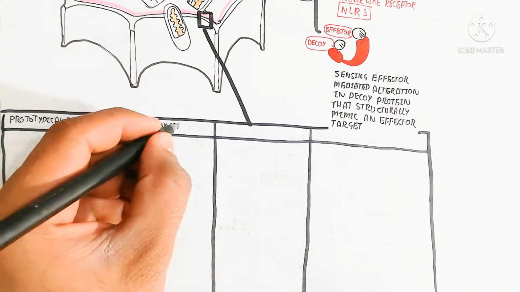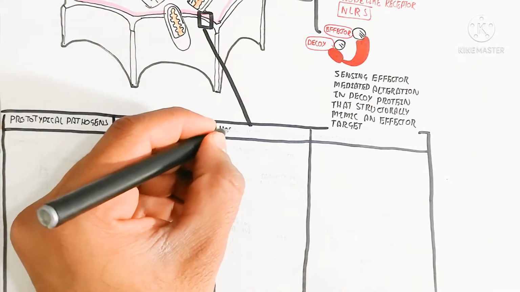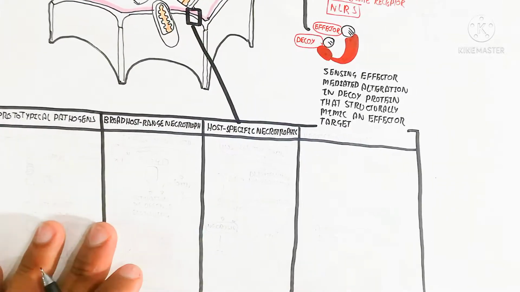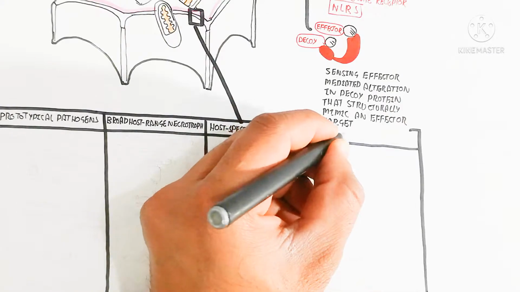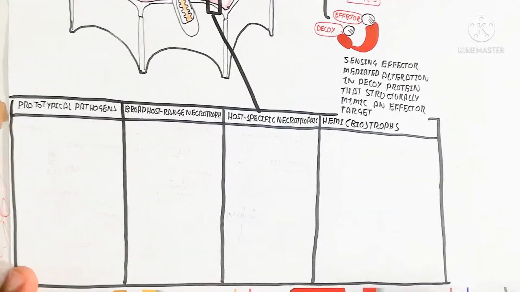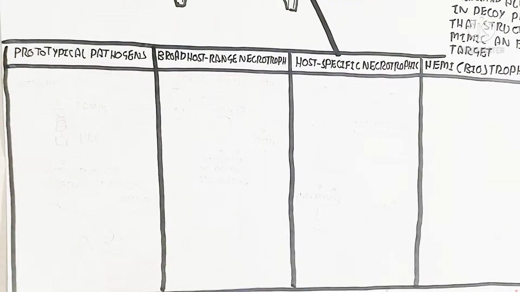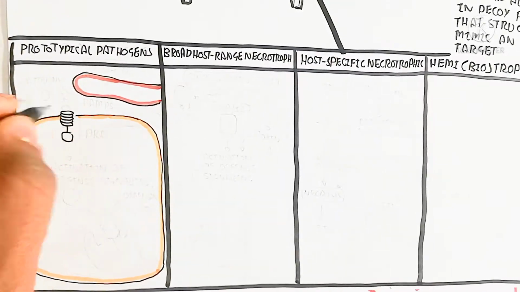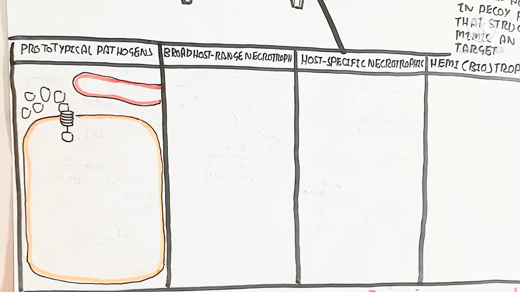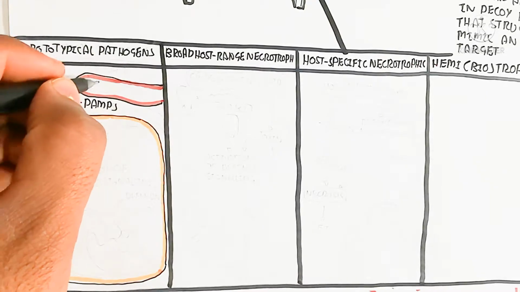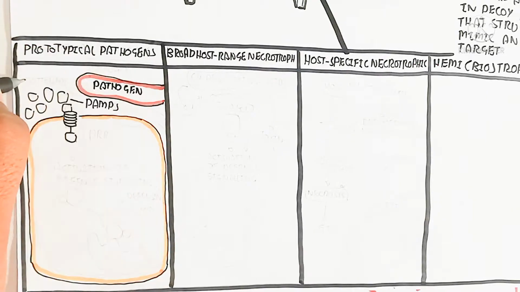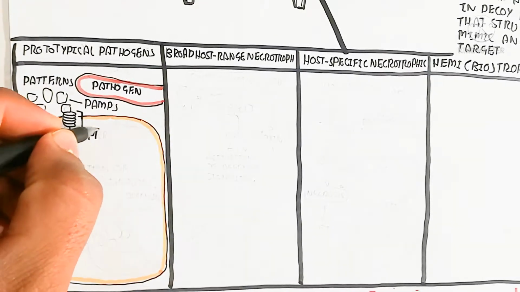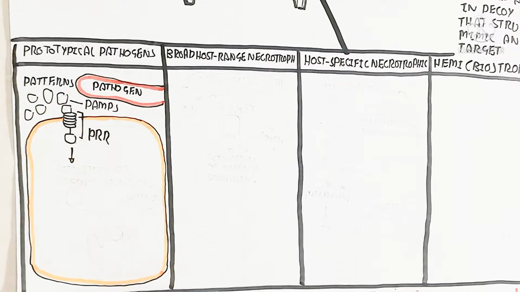So here is the prototypical pathogen. The effectors, you know, are the pathogen associated signal. So here are the different types of pathogens. We will discuss the prototypical pathogens first. This prototypical pathogen has patterns, the damage associated molecular pattern, which will bind with the death domain recognition receptor.